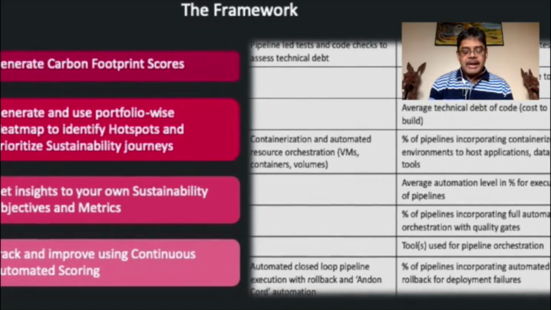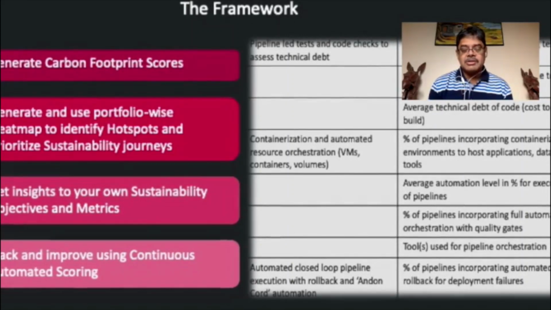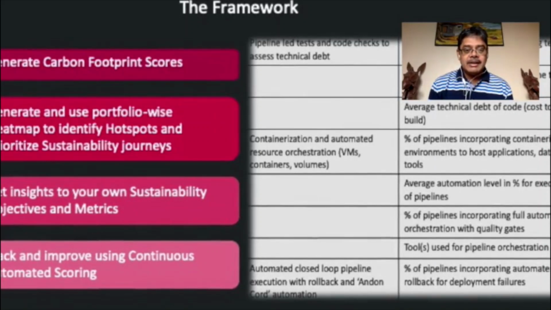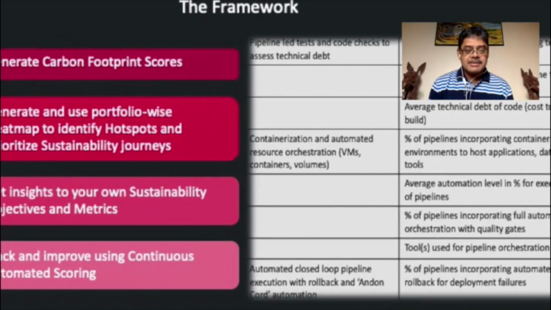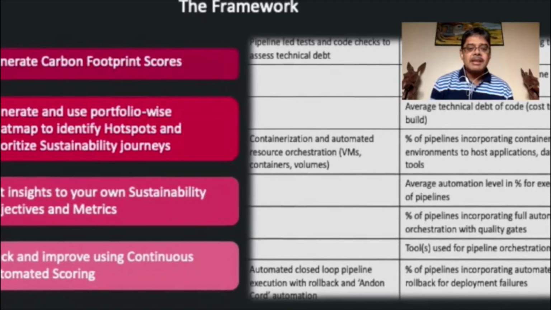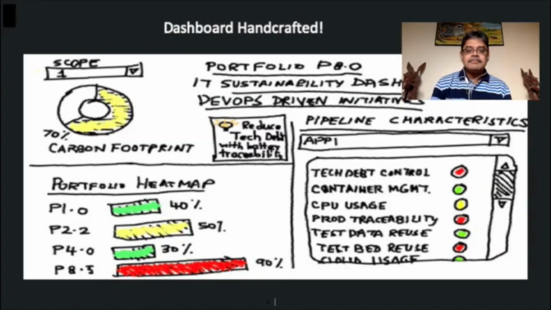But the primary thing that we talk about is generating the carbon footprint scores across portfolios, which is the baseline of how we generate and use our heat maps, identifying hotspots, prioritizing the sustainability journeys, and then deducing what kind of metrics we should be looking at, driving at, to maintain and achieve a set of sustainability goals.